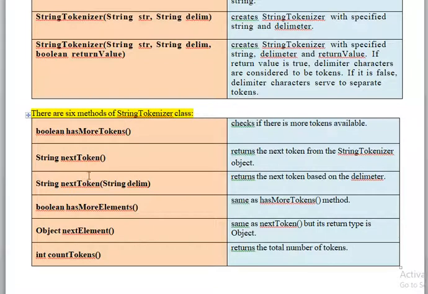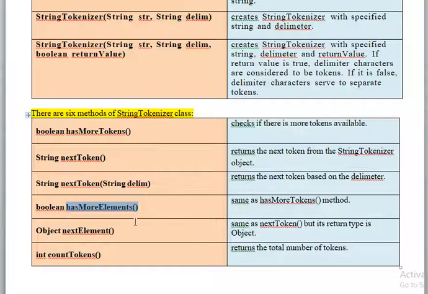Next one, nextToken given with a delimiter. If you don't give a delimiter in the StringTokenizer constructor, it will take space as a delimiter, or else you can specify a delimiter in the nextToken function too. Next, hasMoreElements. It will check whether there are any more tokens.